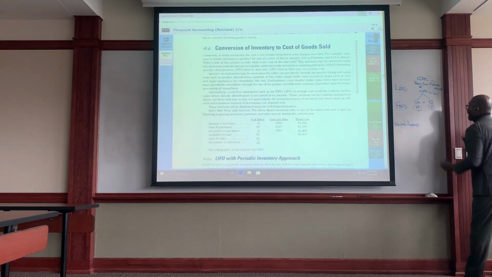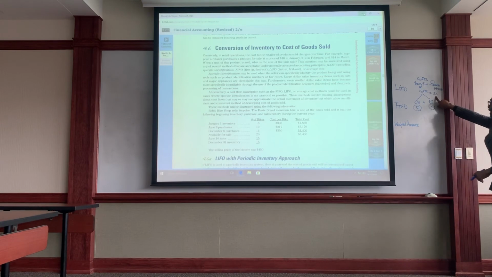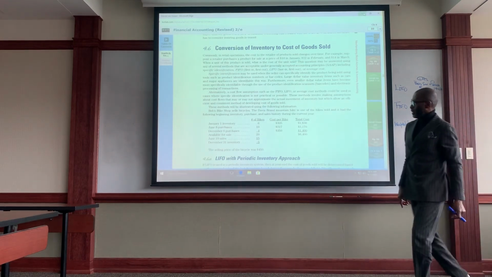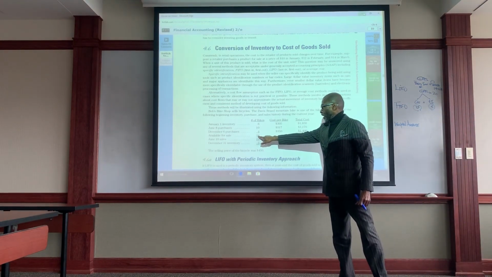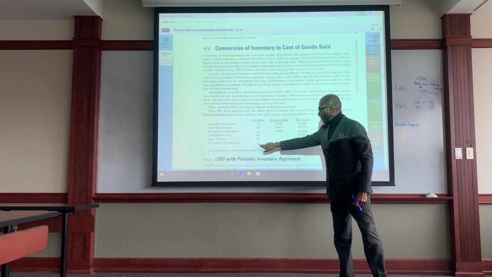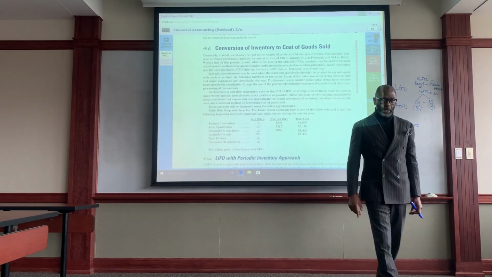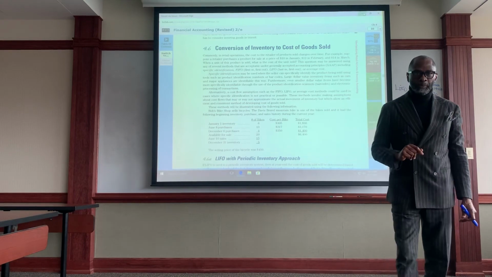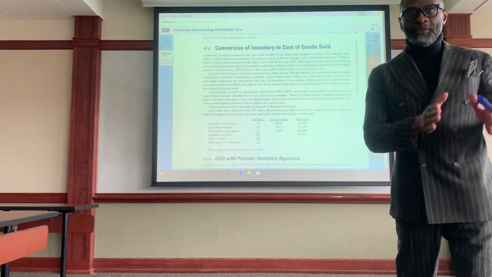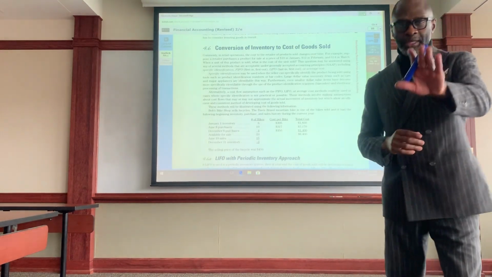How did I get that? I had 20 units available to sell. I sold 15. I now have 5 in ending inventory. That's fairly simple. Now, let's see how LIFO, FIFO, and weighted average are impacted.